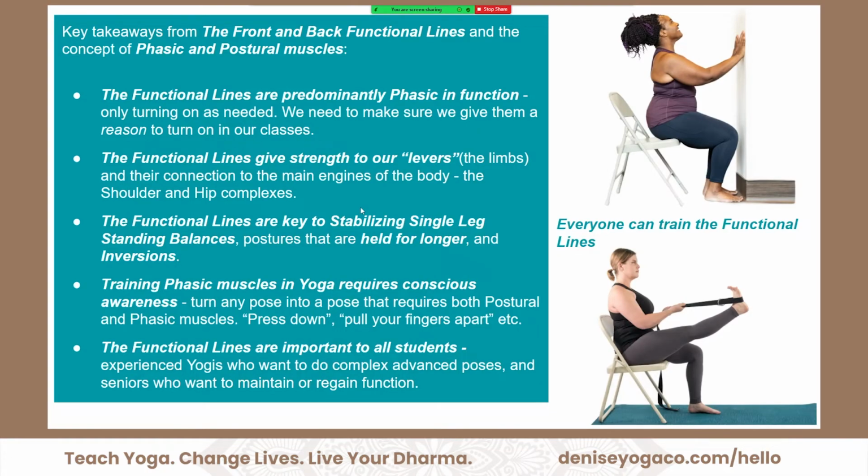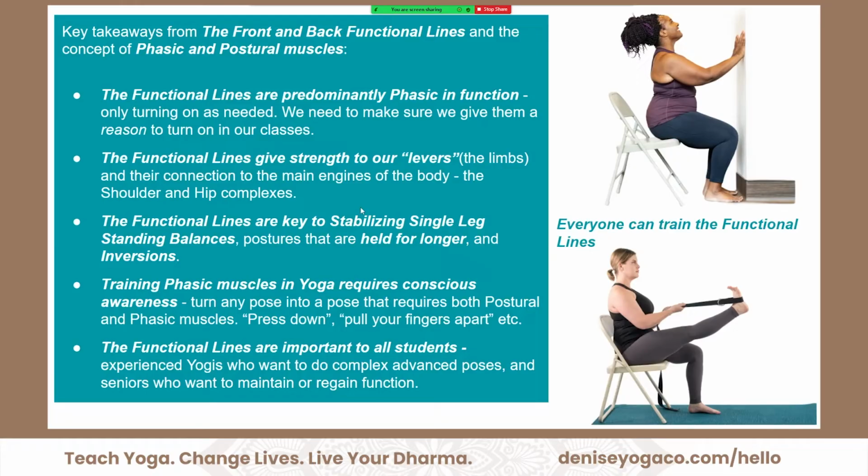So this concept of the front and back functional lines, and again, I'll circle back: predominantly when you're doing a stronger movement and when you're doing balancing, inversions, something against gravity like plank, any of these cross-body movements, you're going to be using your functional lines, front and back.